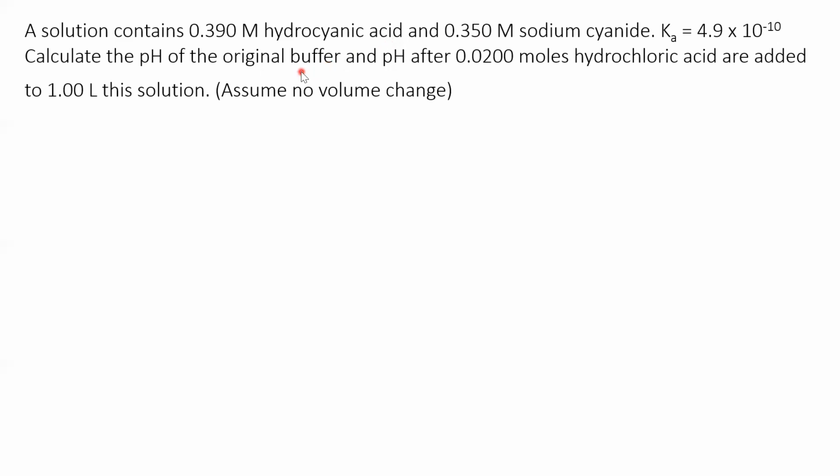Here's your Ka, calculate pKa. The cyanide in the solution is going to be the base, and the hydrocyanic acid in the buffer solution is going to be the acid. See if you can calculate the pH of the buffer solution. Don't worry about the second part yet. We'll do that part together.